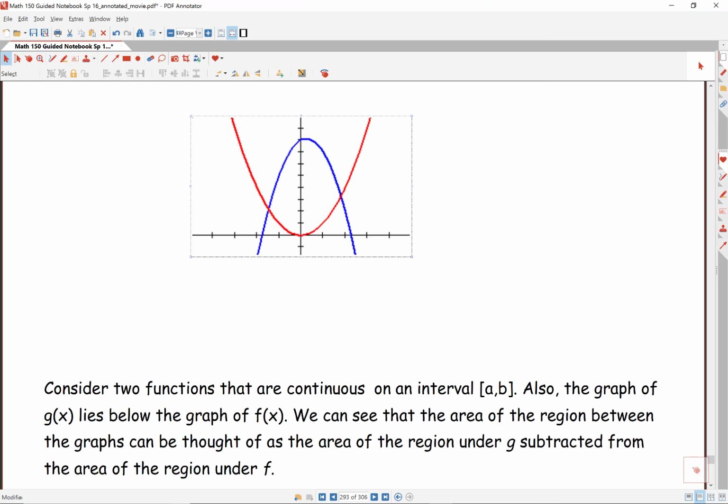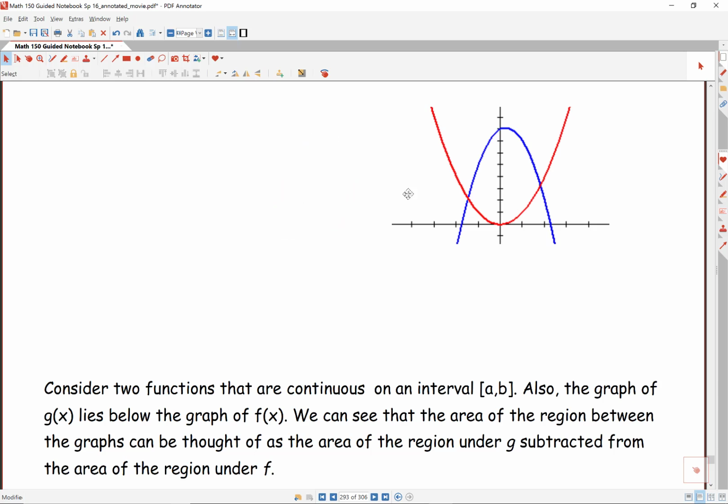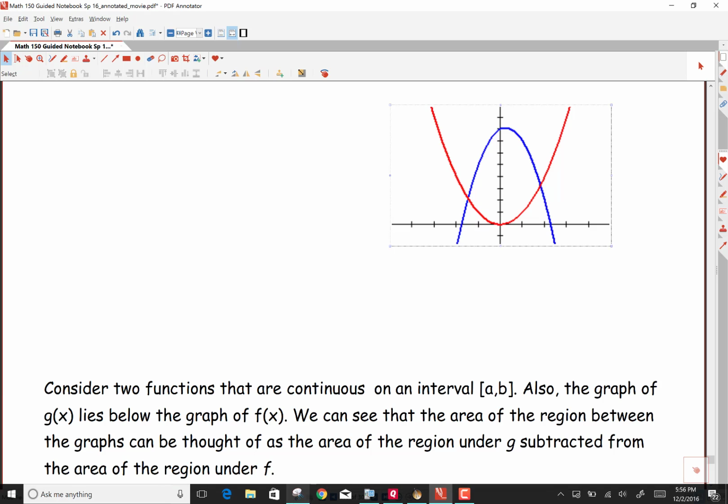We're going to put this one over here on the right because it's a more complicated case. And then we're going back to our graphing calculator.